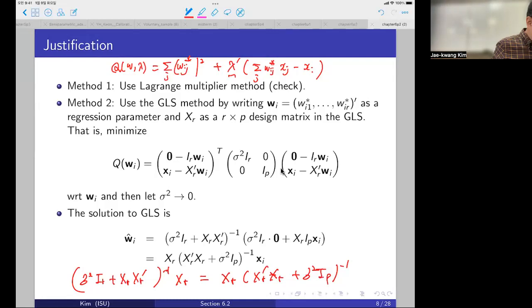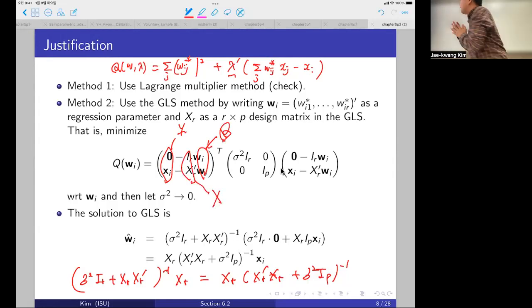Because this is exactly a regression problem. If you view it this way, this is y, this is beta, and this is the X matrix. So you can frame it as an OLS, a GLS problem, and then this is V inverse.